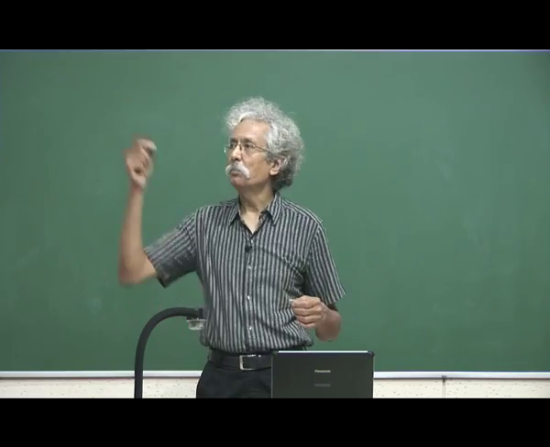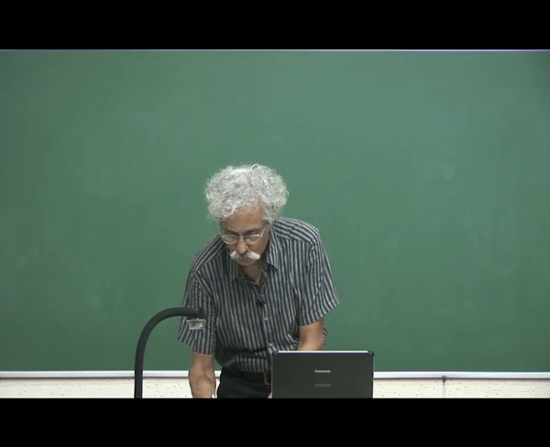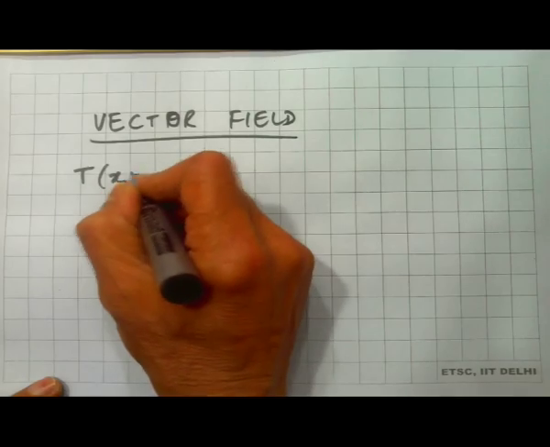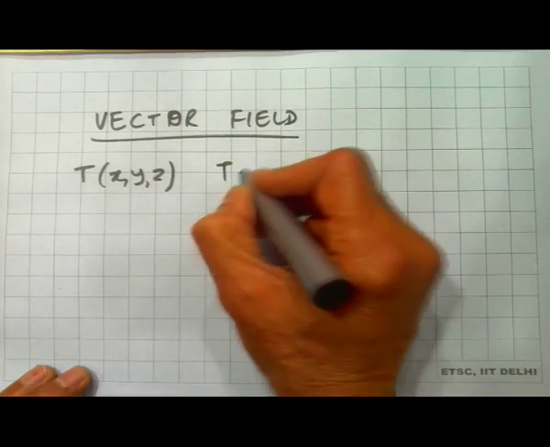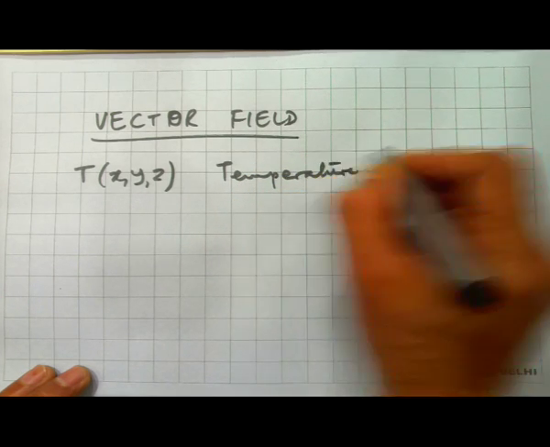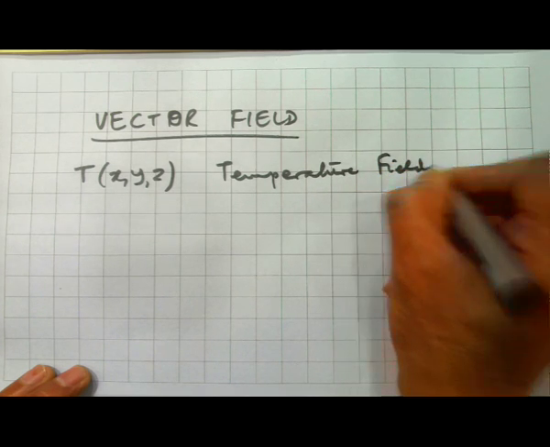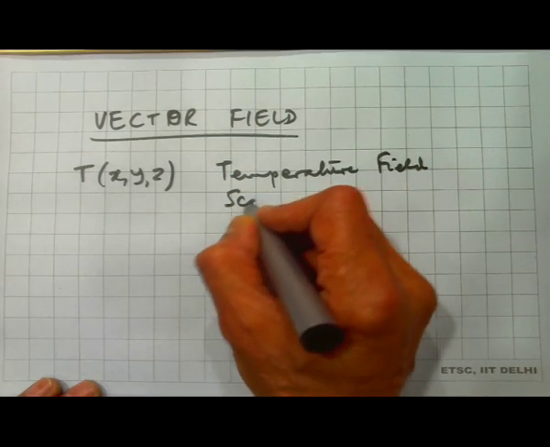So, the temperature as a function of position, temperature in the room as a function of position x, y, z. That is called a temperature field. And temperature being a scalar quantity is an example of a field called scalar field.